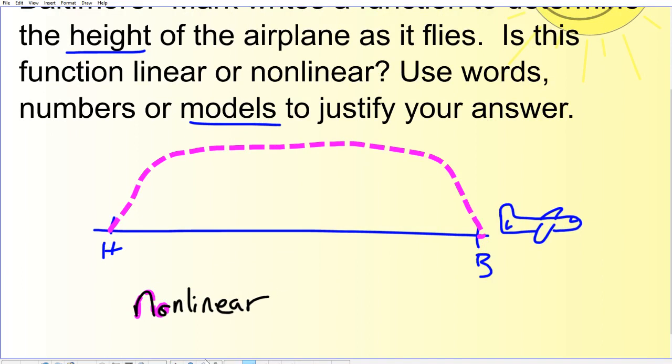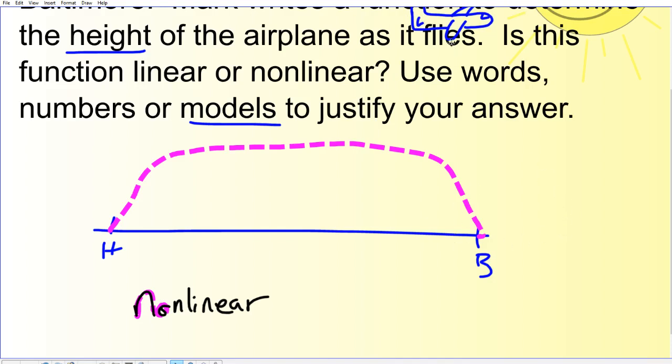This graph would be nonlinear, because it has to go up, but it has to go down. The slope is not the same everywhere. The plane's just not going to take off and go up, up, up, up, up, and just keep going up forever. They're never going to get to Baltimore. They're going into outer space somewhere.